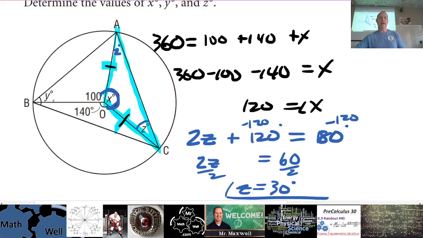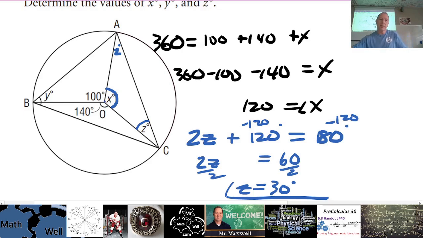So now how are we going to find Y here? You're going to use X because you already know that angle. Since A, B, and C are whatever, you're going to divide that by 2. Oh, I see.